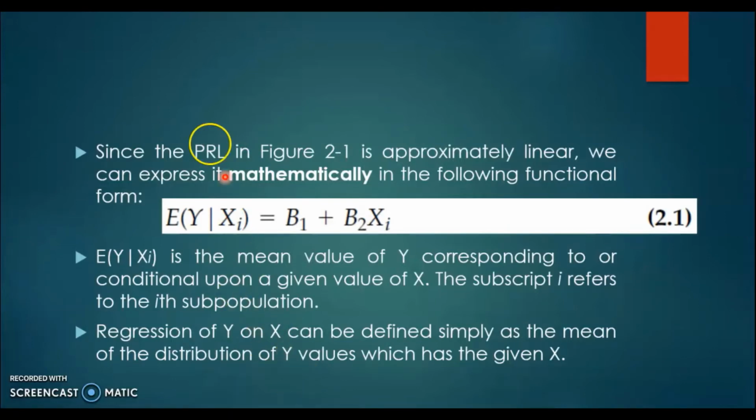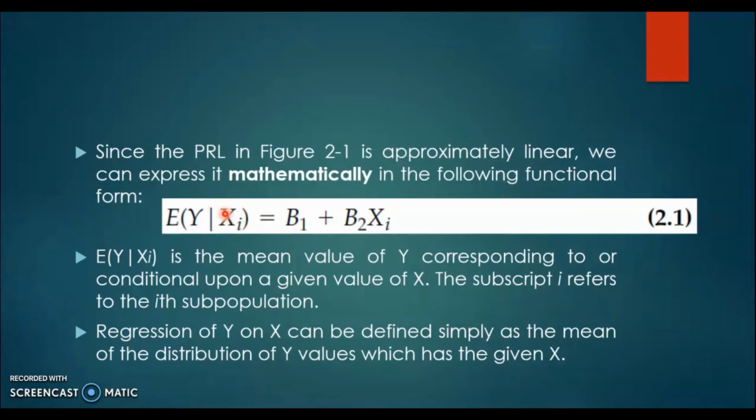And since the population regression line in figure 2.1 is linear, we can express it in a linear mathematical functional form as in this equation 2.1, where the first component here is the mean value of the dependent variable represented by Y, corresponding to or conditional upon a given value of X. X is the independent variable.